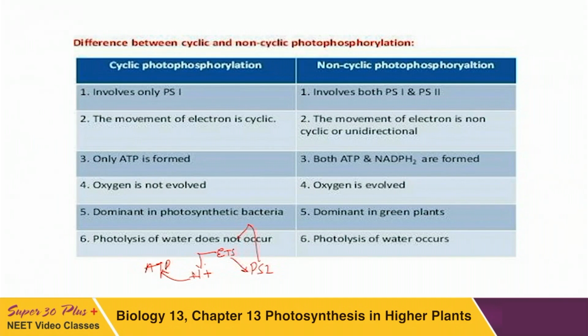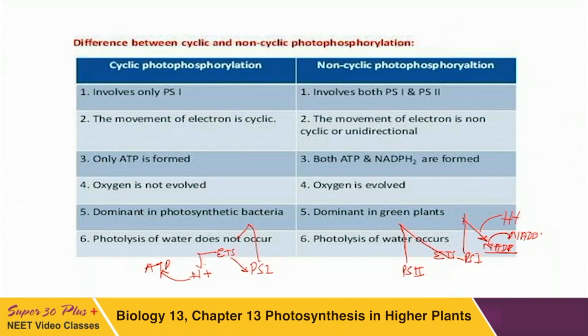While in the non-cyclic one, that is PS2, electron will go here, will go to the electron transport system, will be back to photosystem 1, again will go uphill movement, then that will be accepted here by NADP, which will receive these hydrogen ions and will reduce this NADP to NADPH. Again we have summarized it.